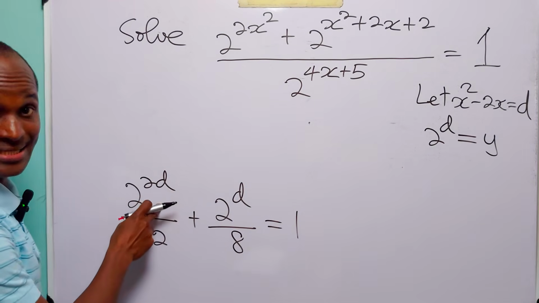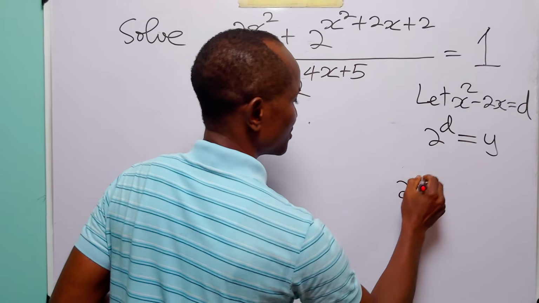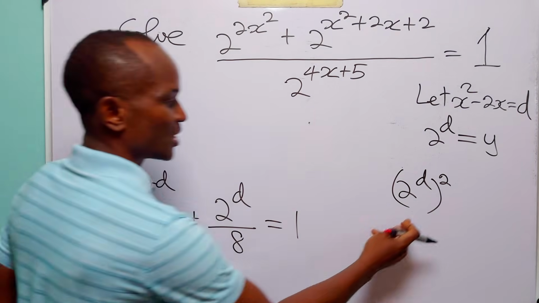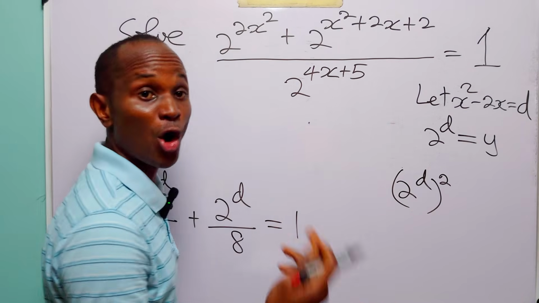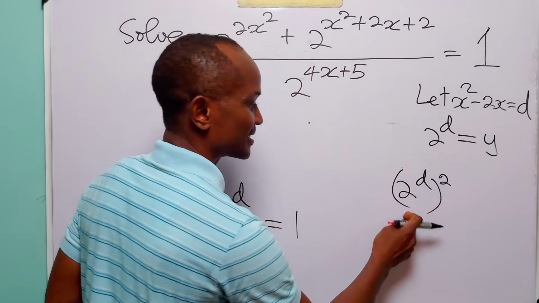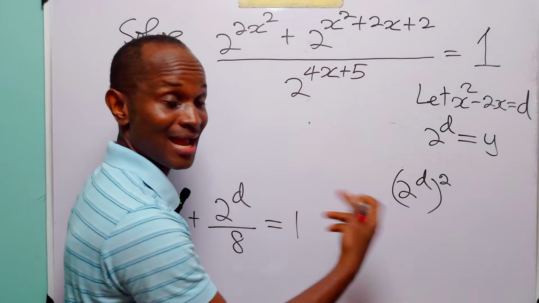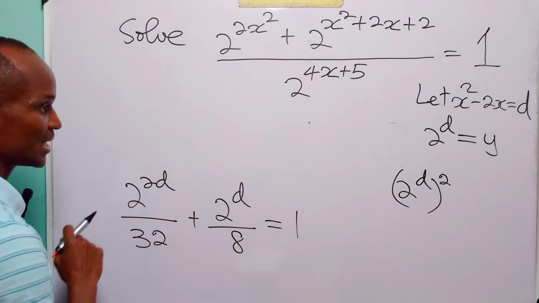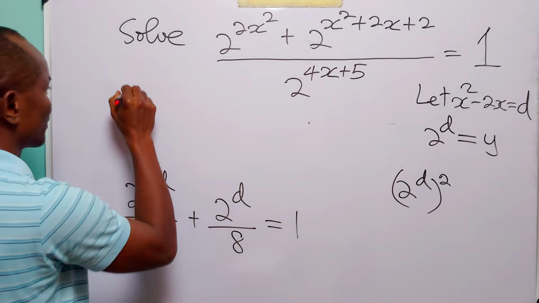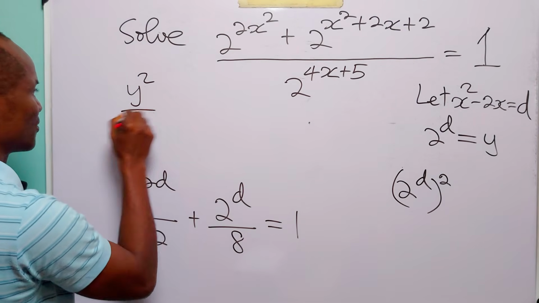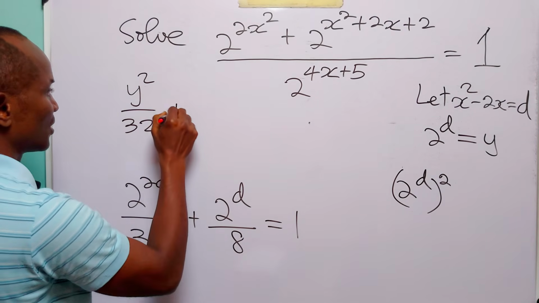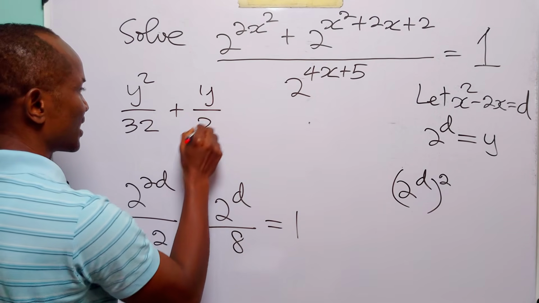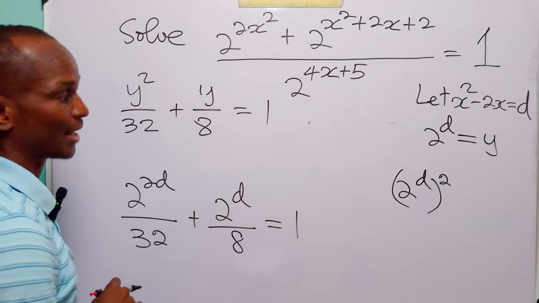Of course, you know that 2 to the power 2d can be written as (2 to the power d) all squared, because to get rid of these brackets we multiply the powers, and d times 2 is equal to 2d. So in this case, we have y squared over 32 plus y over 8 is equal to 1.